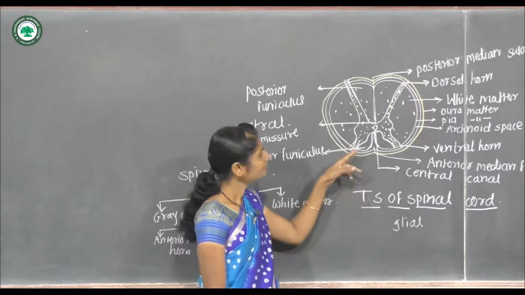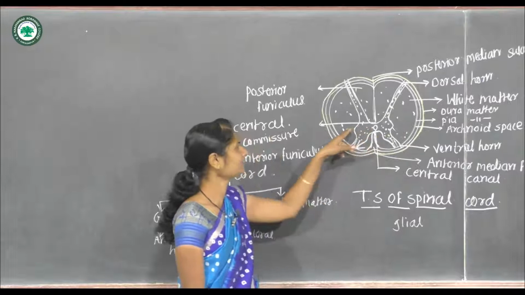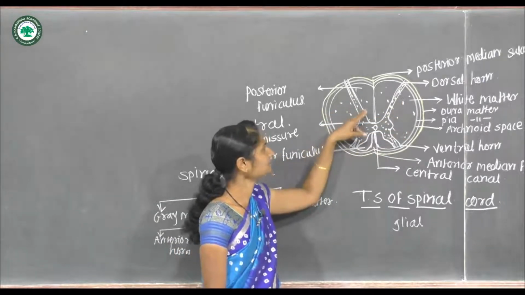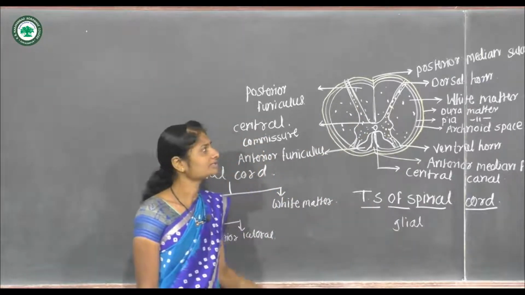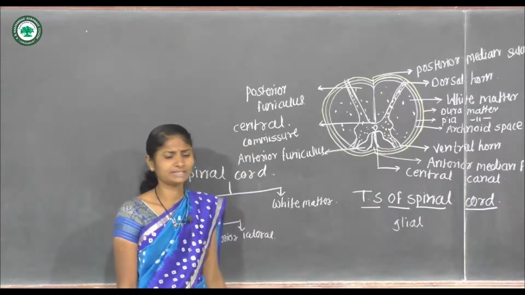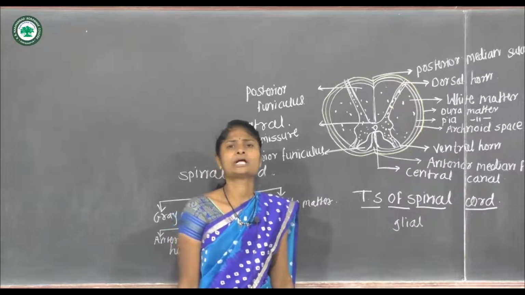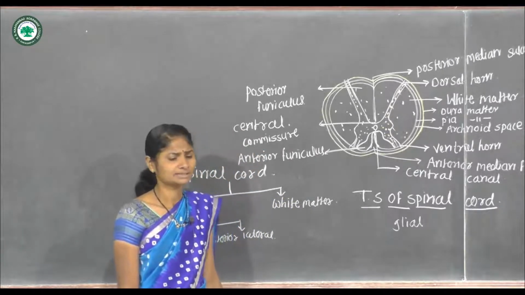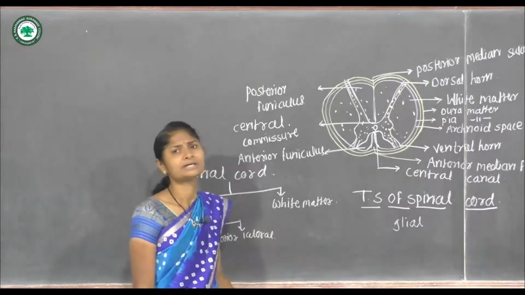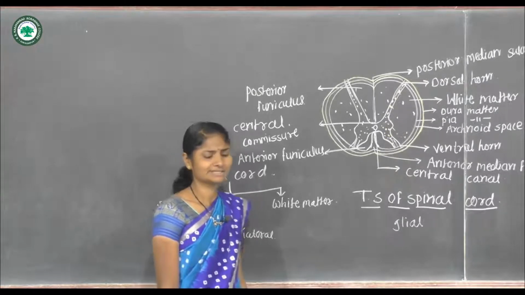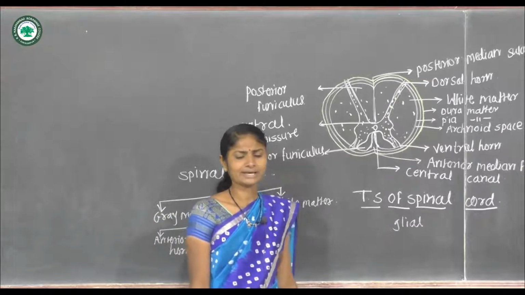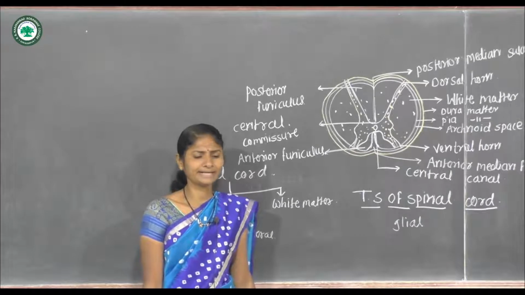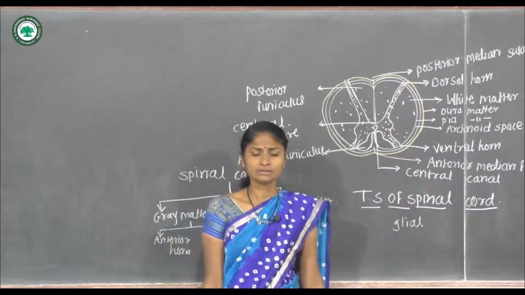Next part is white matter. This white matter surrounds the gray matter. White matter also contains glial cells, but the most important part is the axons, and these axons are pathways that connect the brain with the rest of the body.